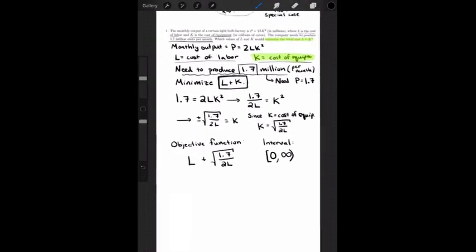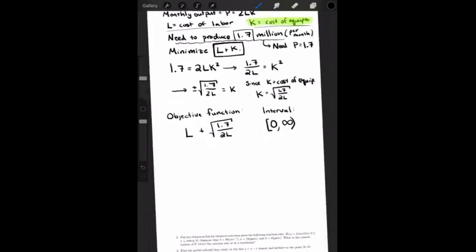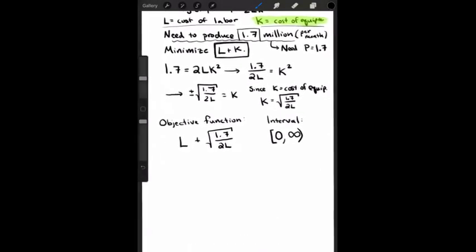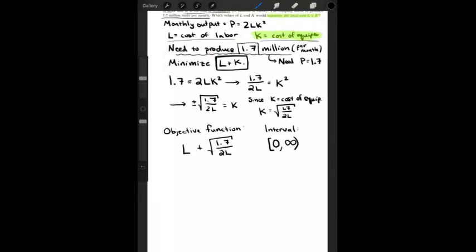So I'm going to give everybody a little bit of time to wake up some more and remind us that to find the critical points, that's where we take the derivative and find where it doesn't exist and where it's equal to 0. So the first piece is easy to take the derivative of. The derivative of L is just 1.